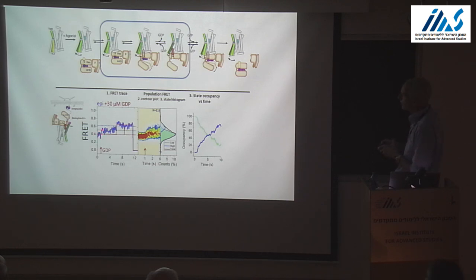Now we add a GDP, and you can see we have this intermediate FRET state that then ultimately goes to the high FRET state, and we lose the signal, suggesting we have 3 different complexes. So we have the nucleotide-free, we have some sort of intermediate state where TM6 is still moved outward, and then we have a state where TM6 is just in the same state as the agonist-bound state, but it's still bound to the G protein.